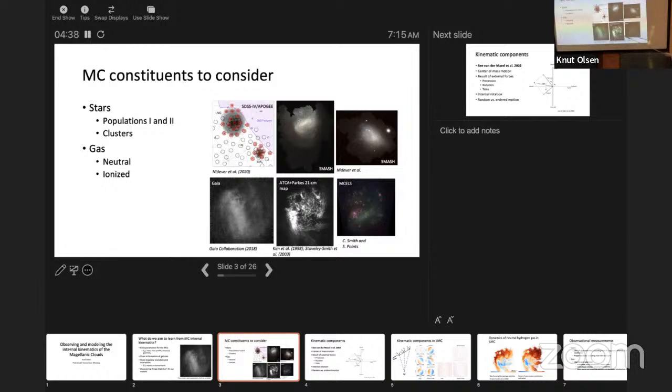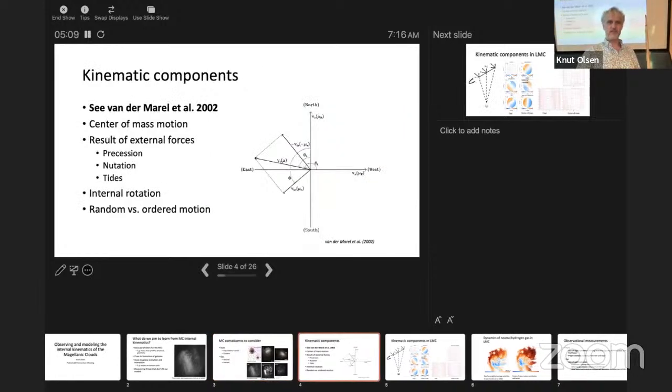There's the HI map from an Australian group at ATCA and Parkes, and also ionized gas maps, which I haven't shown here, or molecular gas. Ionized gas from MCELS, an imaging survey that was done at Cerro Tololo. All can be used to try to understand the internal kinematics.